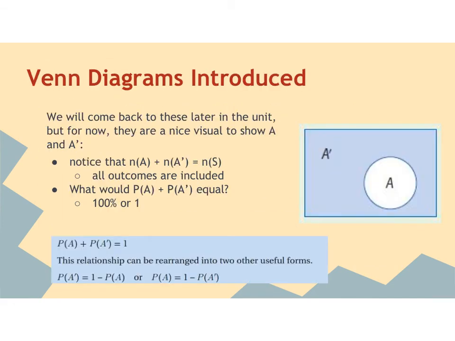Here's a visual way to look at it. Imagine this rectangle is the world of cards, so all the cards are in the rectangle. A would be the number cards, and A prime, or A complement, would be the face cards. With the complement, P of A and P of A complement have to add up to 1 or 100%.